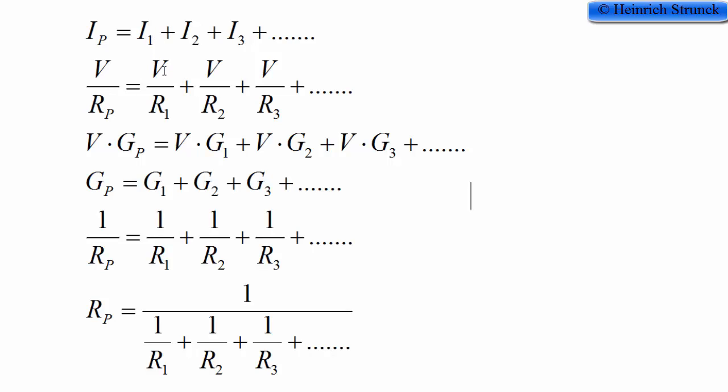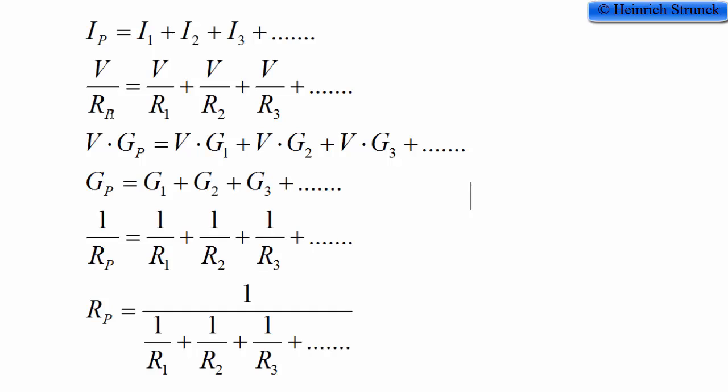And instead of the current we can write that it is the voltage divided by resistor for circuit number 1 plus the voltage divided by the resistor for circuit number 2 and plus the voltage divided by the resistor for load number 3 and so on.